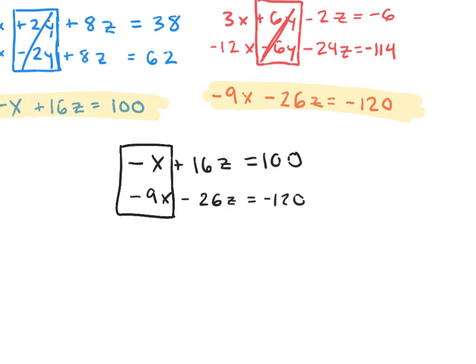Times negative 9. So we're multiplying everything in here times negative 9. Okay, so our new first equation would be positive 9x. 16 times negative 9. Negative 144z is equal to negative 900.